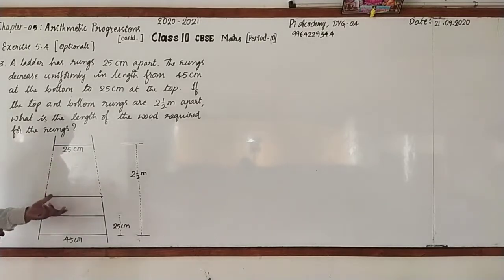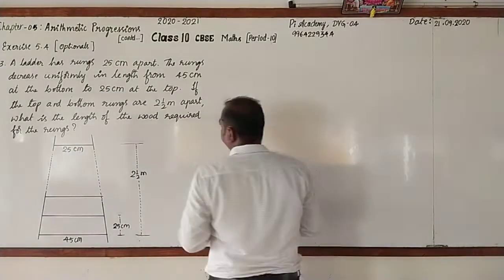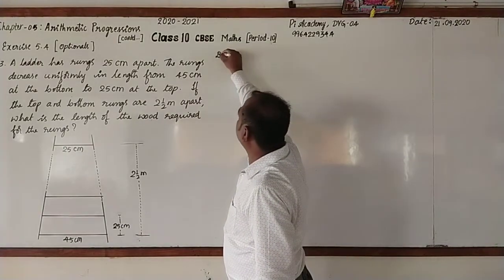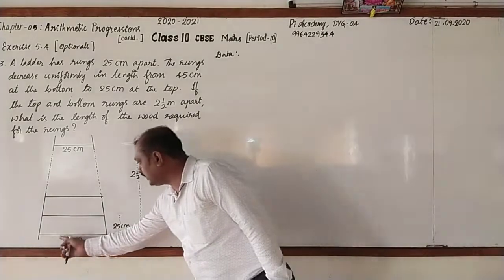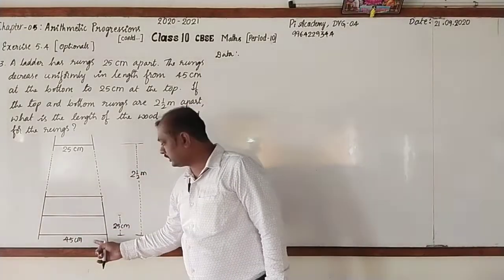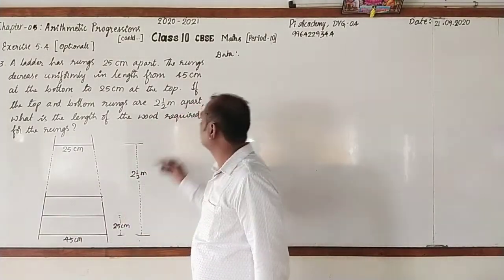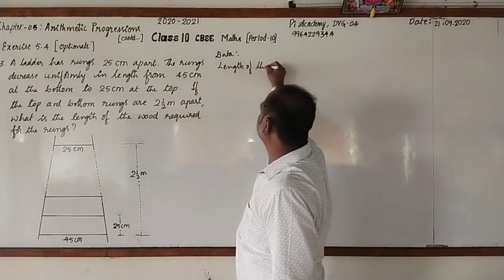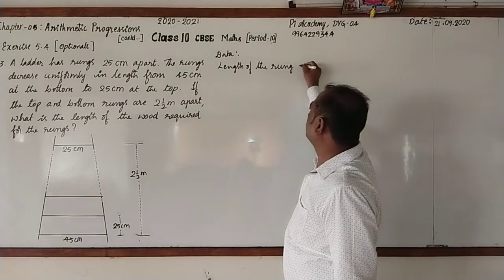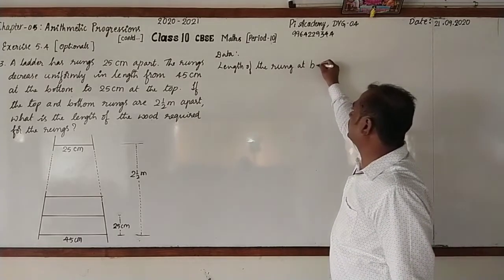See, first, if you want to find out the total length of the wood required for making these rungs, we must know how many rungs are there, right? Look at it. Here, you can also write with me in data. I'll write. First, the length of the rung which is at the bottom.